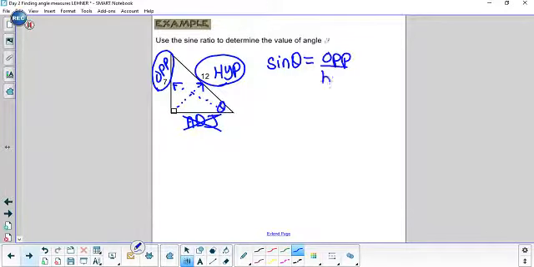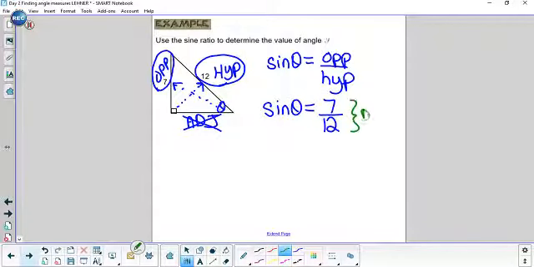Sine is opposite over hypotenuse. We are looking for theta, so it stays sine theta. Opposite side was 7, hypotenuse was 12. So what we now do is 7 divided by 12. Always numerator divided by denominator.